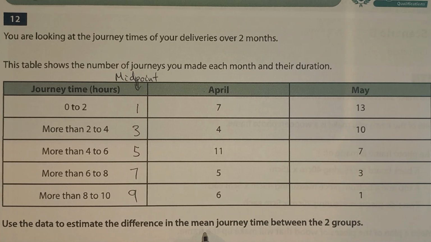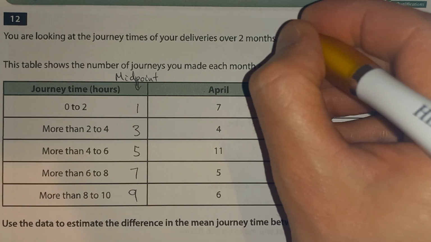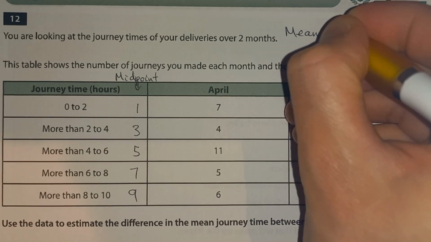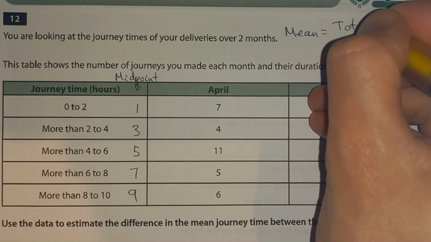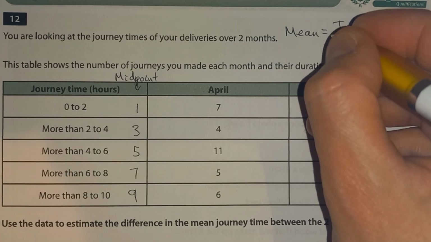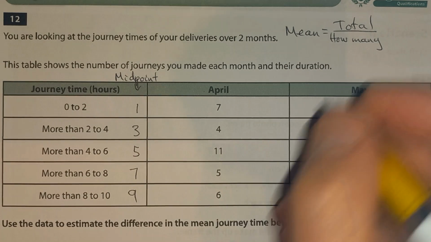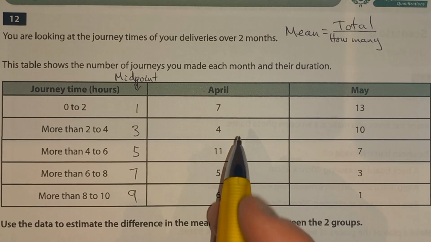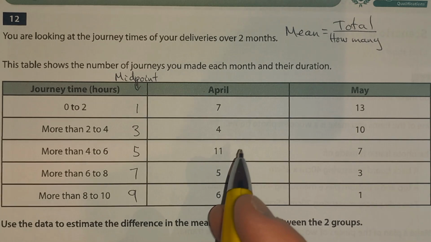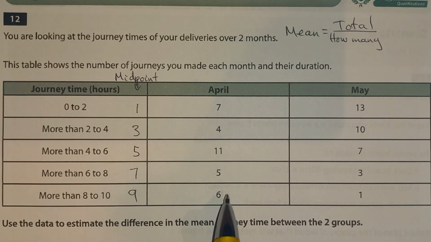Right, we're looking at mean journey time. Well, the mean is the total divided by the frequency, or how many. So we want to know what the total hours were. And we want to do that for April, and then separately we'll do that for May.